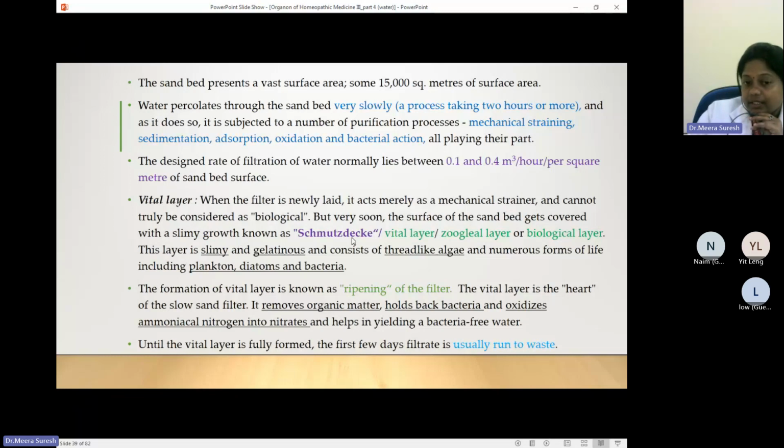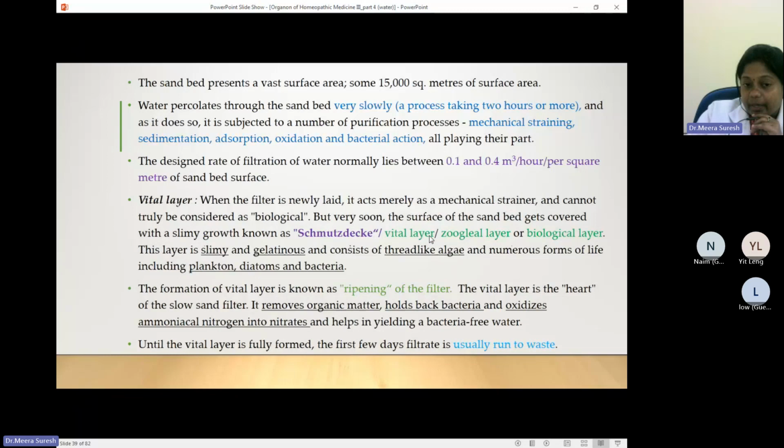That's called the Schmutzdecke, or vital layer, or zoogleal layer, or biological layer. This layer is slimy, gelatinous, and contains thread-like algae, plankton, diatoms, and bacteria. The formation of the vital layer is called the ripening of the filter. Can be asked for an MCQ.